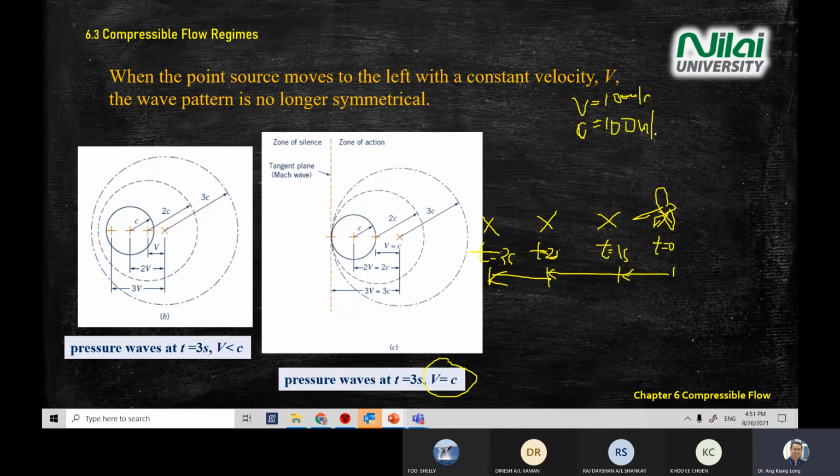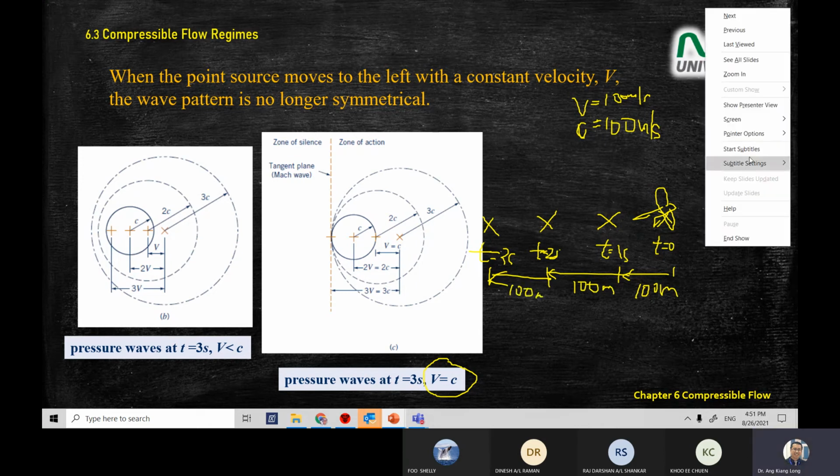Meaning you are matching the speed of sound. So what is the distance you travel in the first second? You travel 100 meters, and then another 100 meters, and then another 100 meters.